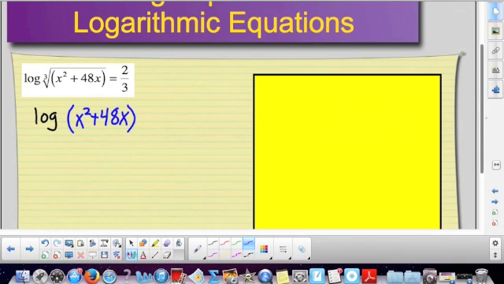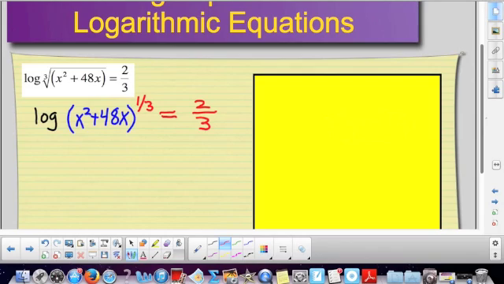How can I express the cubed root in terms of a power? Kyle? Yes, to the power of 1/3 is equal to 2/3.